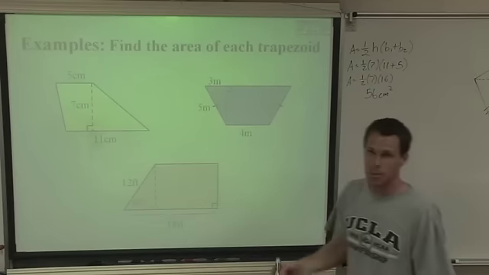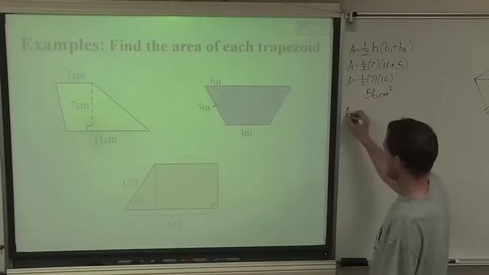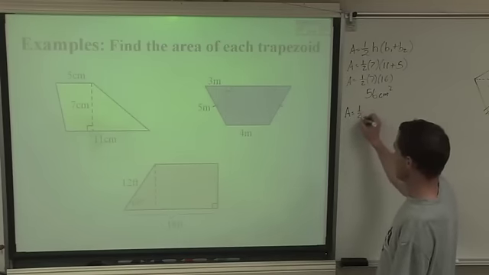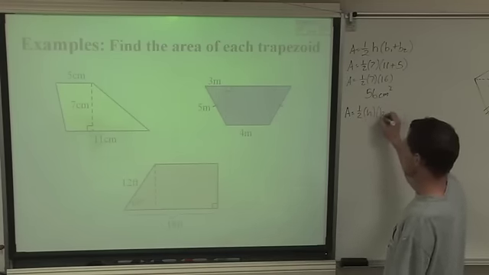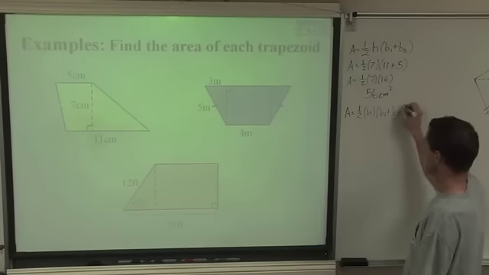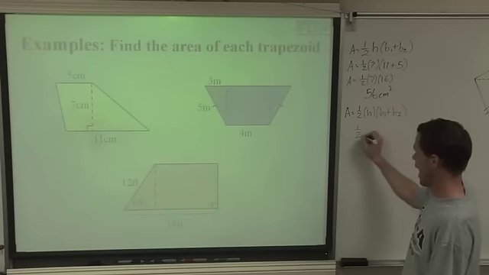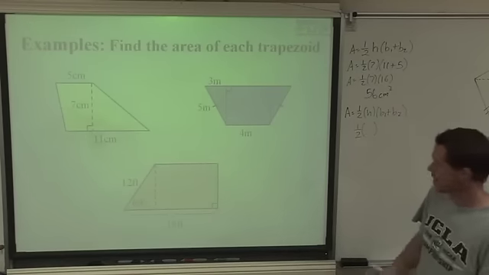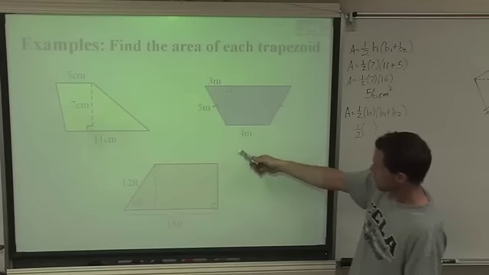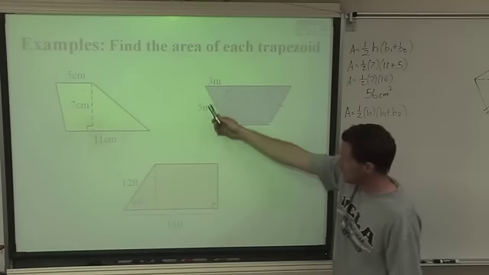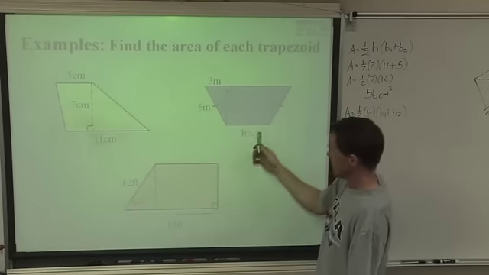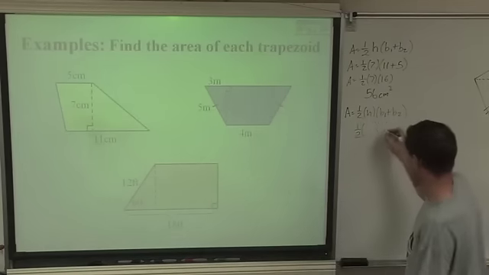Now we look at example number 2. The area equals 1/2 height times (B1 plus B2). Plug in what we know. 1/2, I don't know the height. It doesn't say, and that 5 is not the height. But I do have a 4 down here, so I'll call that B1.